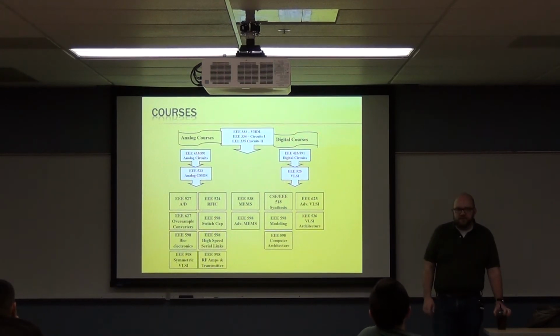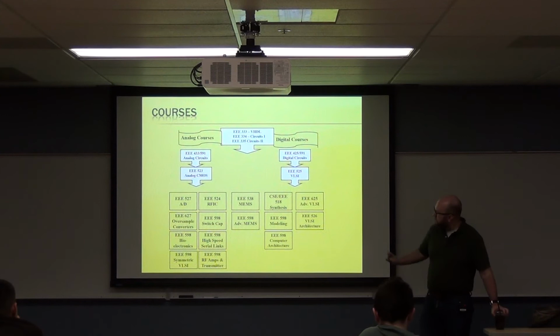That causes problems. If you'd like your devices to match, because your widths are very, very important to your circuit actually working at a very specific frequency, you need ways of tricking it to do that. Symmetric VLSI is a class taught by, I think, somebody who works locally to work through that problem. Like, how do I lay this out to mitigate most of those effects? And then the other is RF amps and transmitters, works through that.